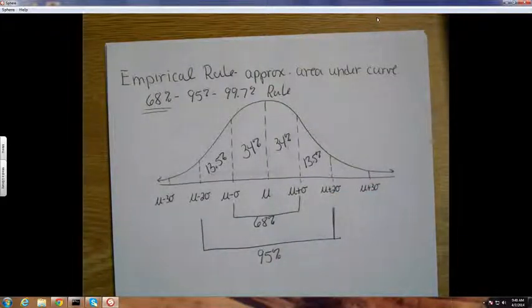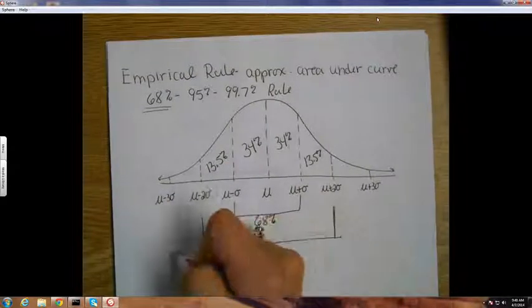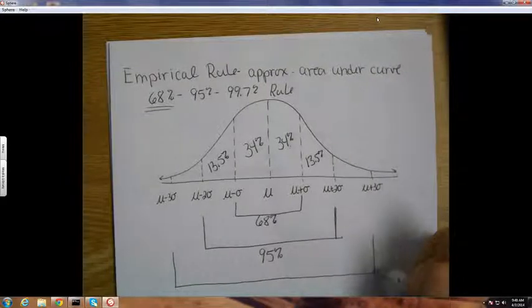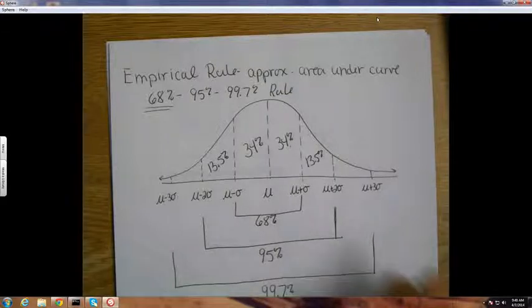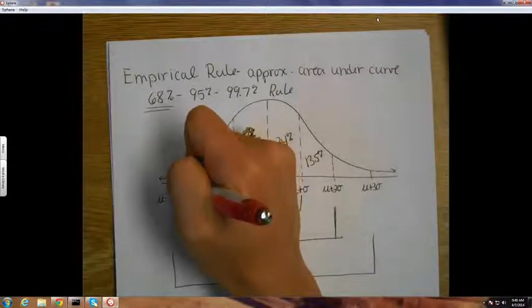And then how much of our data is going to be within 3 standard deviations of the mean? 99.7. And I did the math there. Each of these pieces are 2.35%.